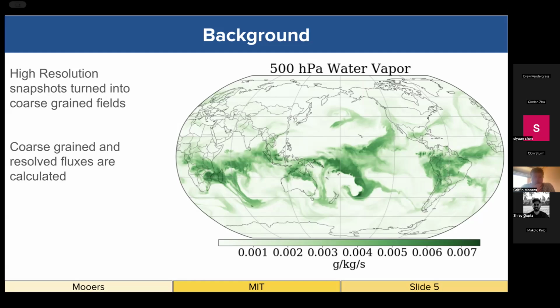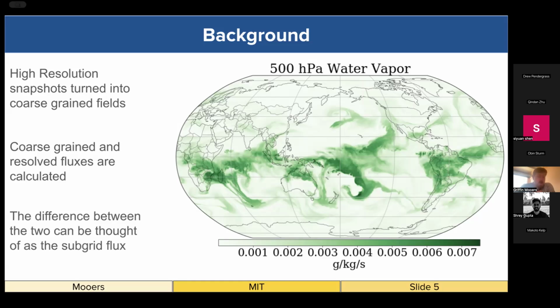And then we use this. We take the state variables within this climate model output, temperature, water, pressure information, all of it, to calculate the fluxes we need to train the model.